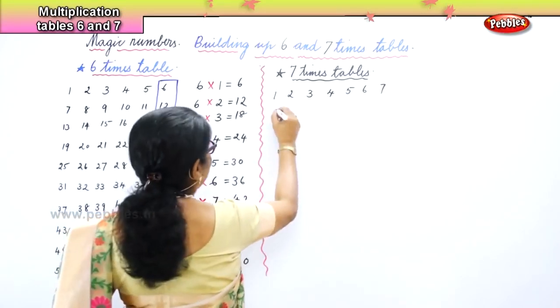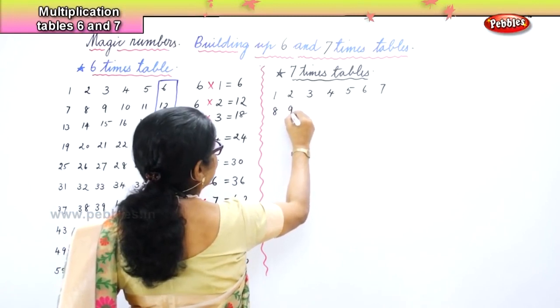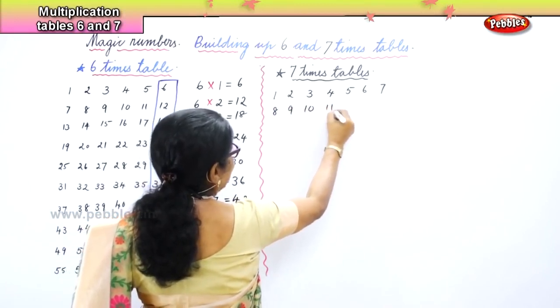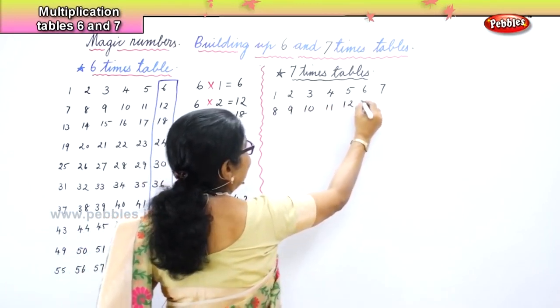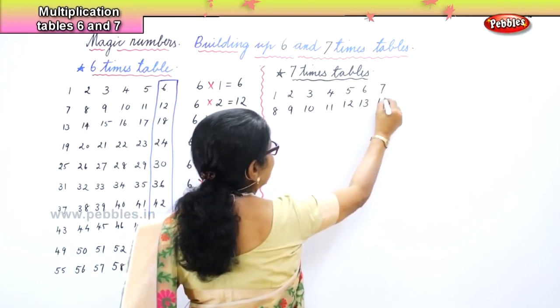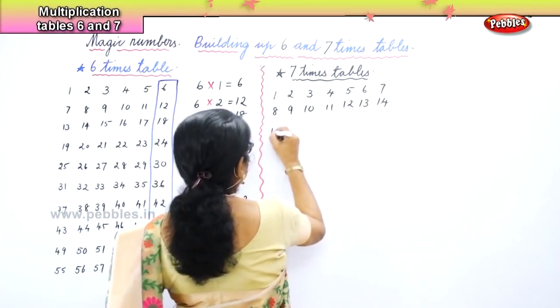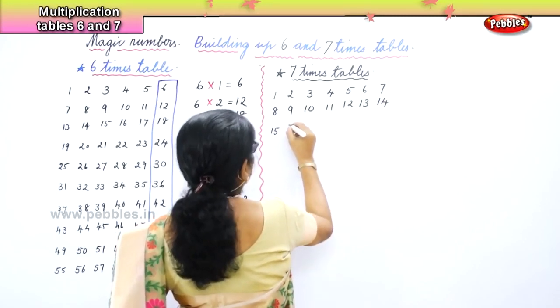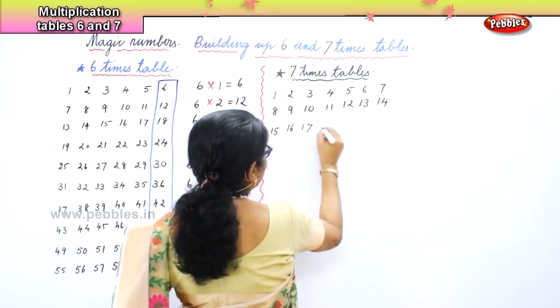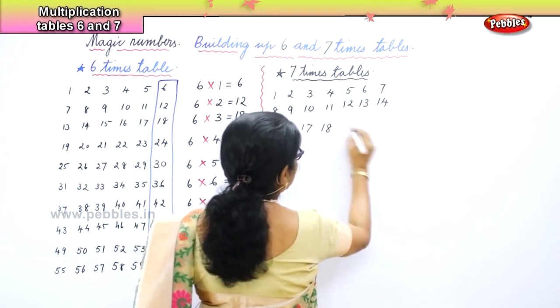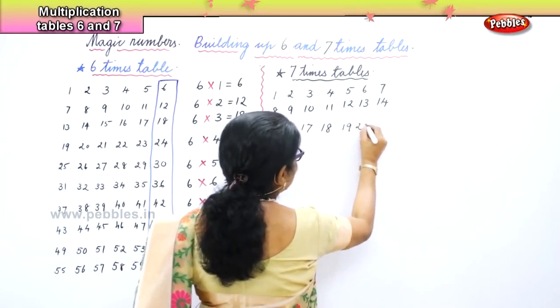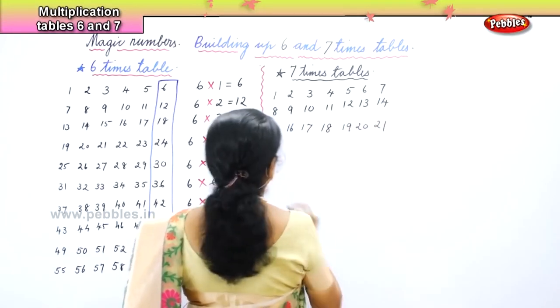Now you'll write 8, 9, 10, 11, 12, 13, 14, 15, 16, 17, 18, 19, 20 and 21.